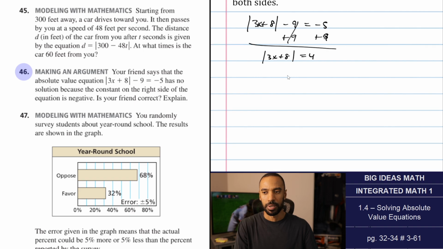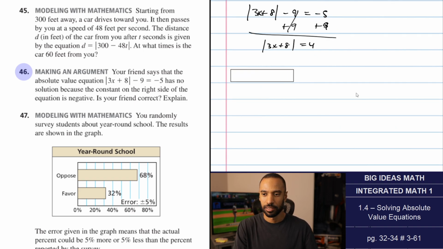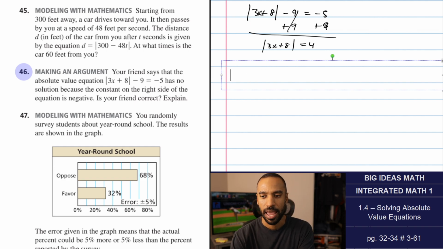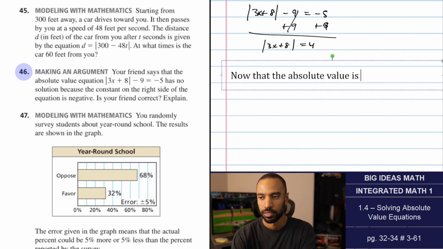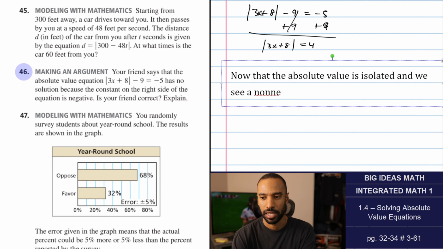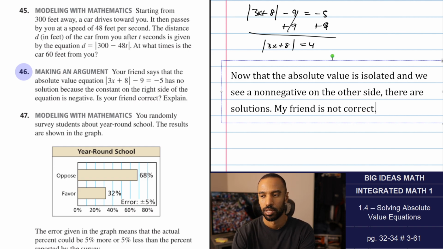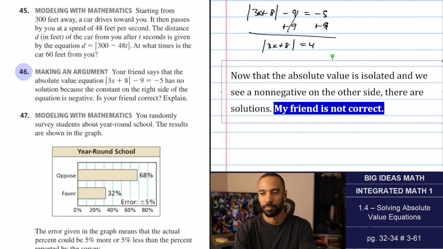Because after adding 9, it's a positive, now that the absolute value is isolated, and we see a non-negative on the other side, there are solutions. I'm not going to solve, but my friend is not correct. That's the bottom line. There's more to do.